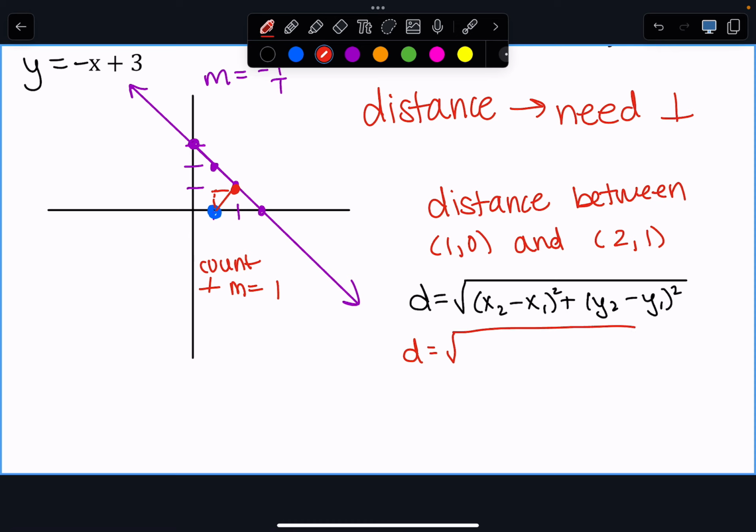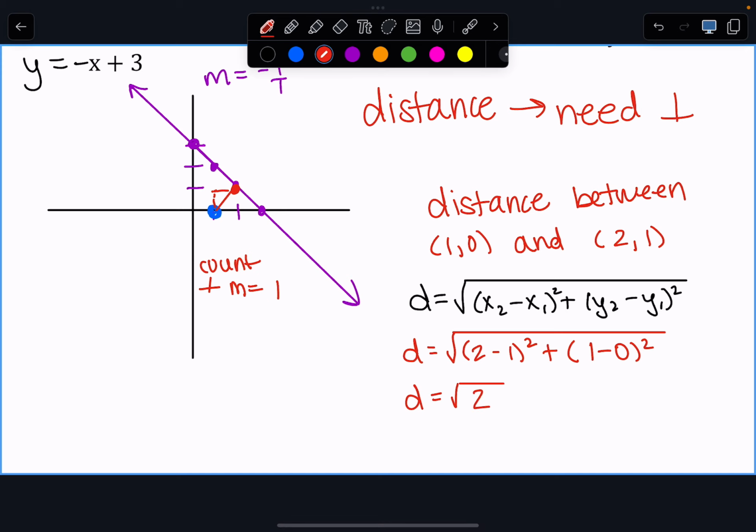Okay. So what I'm going to do is take 2 minus 1 squared and 1 minus 0 squared. Somebody is saying square root of 2. Are you good with that?